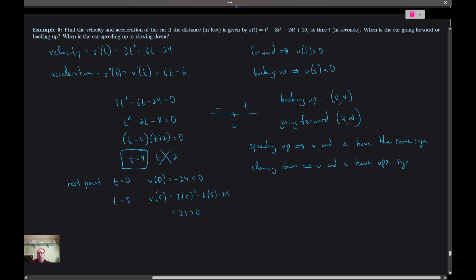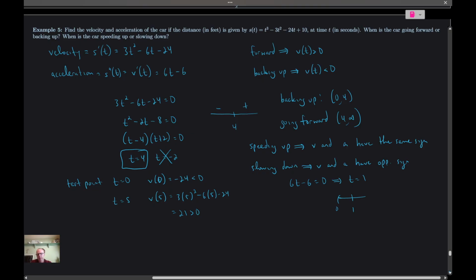So let's see where a changes. This is fairly easy to do. We set that equal to 0. We get t equals 1. Then we can test this. Put 1 there. Of course, we have 0 here. Pick a number less than 1.